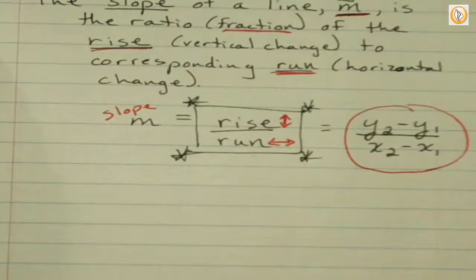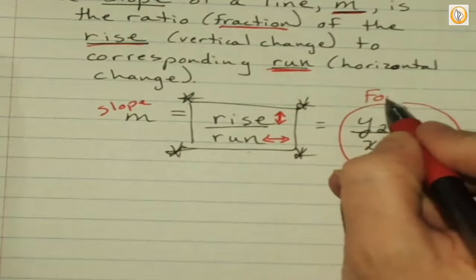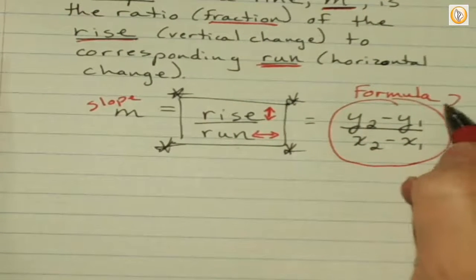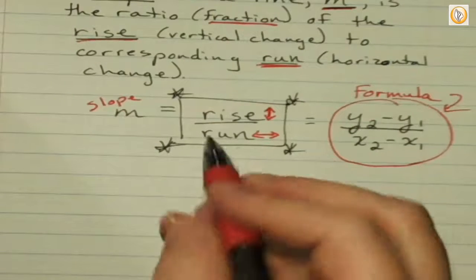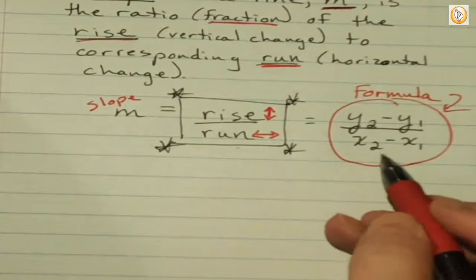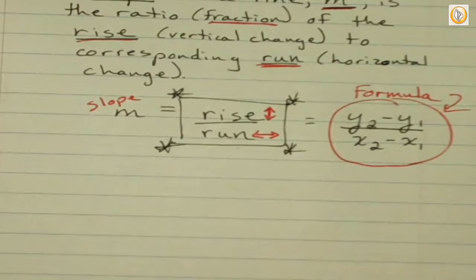I'm sorry, I'm still tired. Thank you, Taylor. There's your formula. That is your slope formula. There's two ways of getting the slope. You can either just do the counting like we've done, your rise over run, or you can use the formula if you're given two points. And I'll show you that later.